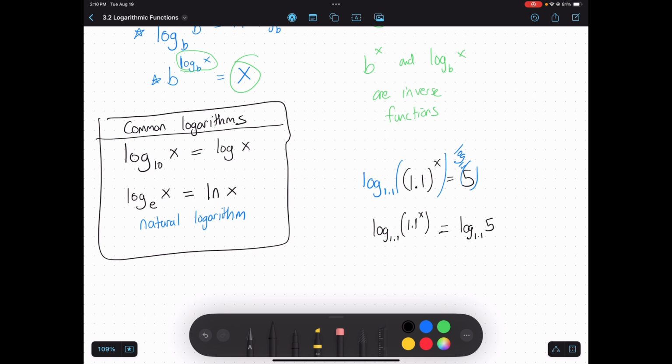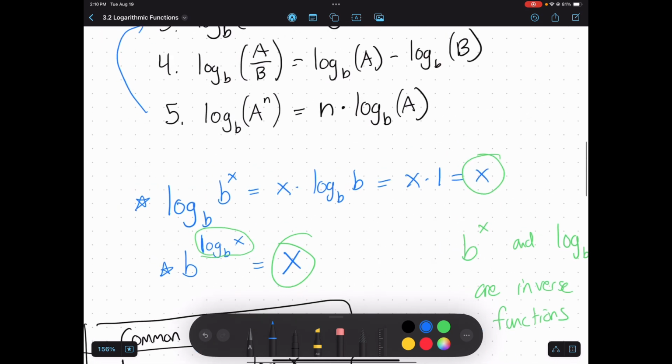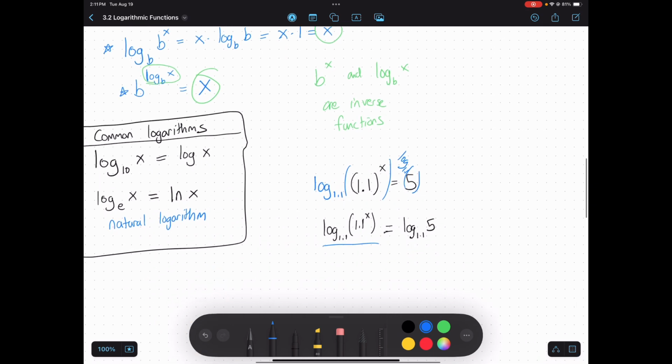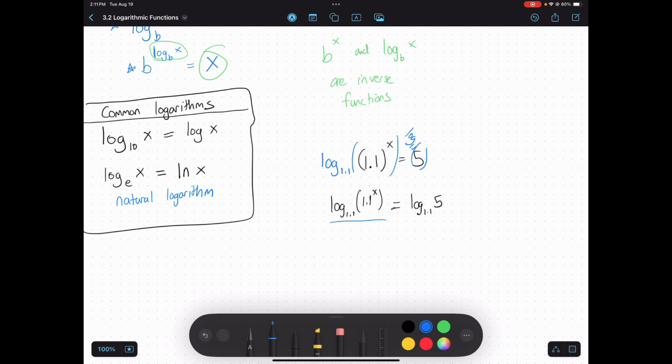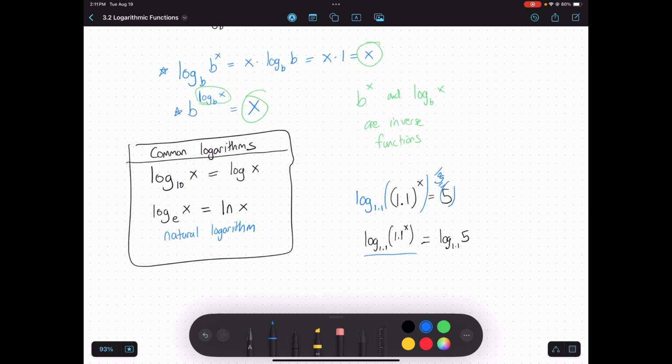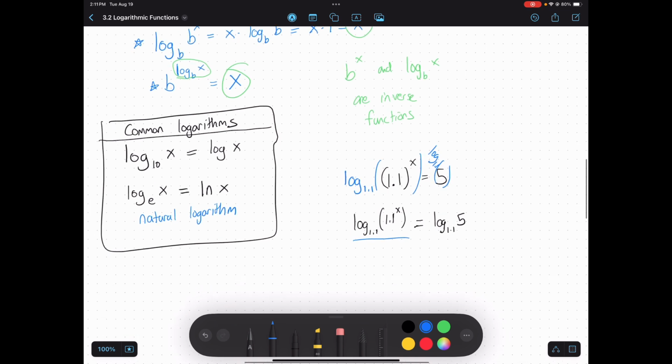Log base 1.1 of 5 is something I can just plug into my calculator as long as I know how my log button works. But if I look at this left side, that looks a lot like this result right here, right? What happens if we have log of some base evaluating that same base raised to the x power? These things just cancel out and leave me with just x.